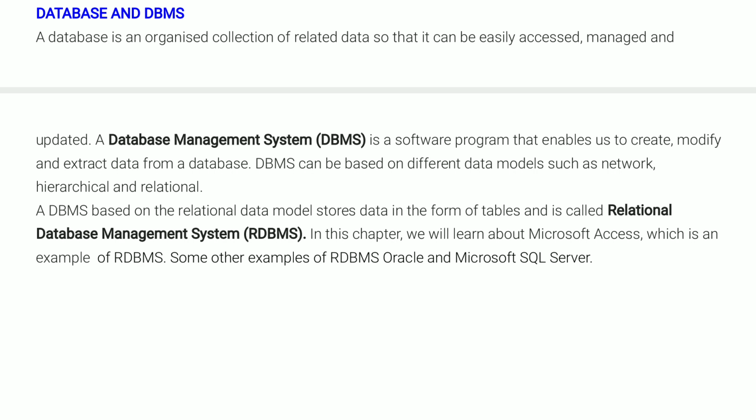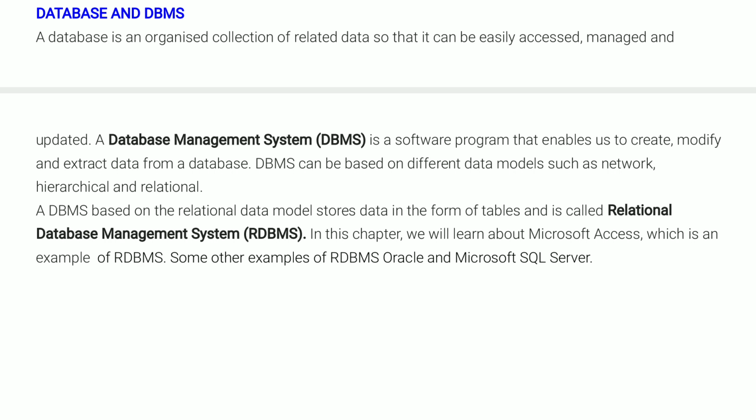Suppose there is a table consisting of all the students' details in it. Take an example. In a particular row, all the information is interrelated, meaning all the information is related to each other.